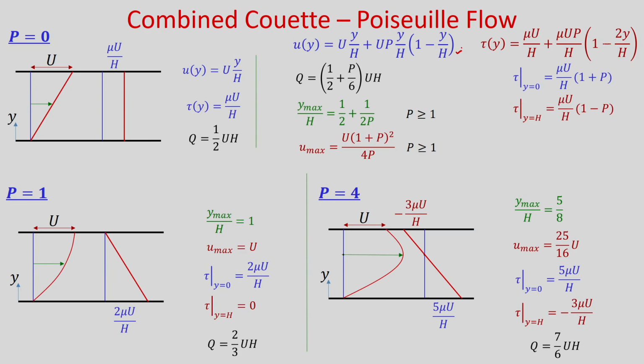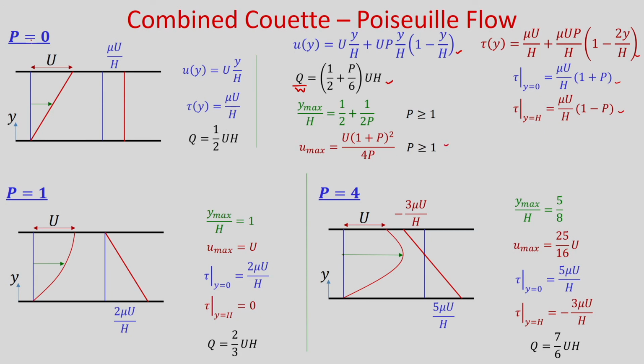If p is equal to 0, obviously you know that it is a case for plane Couette flow and velocity profile will be linear, because it varies linearly from 0 to capital U. So, you can see this is our velocity profile, this is the shear stress profile, and the volume flow rate per unit width, Q/W, is this, and bottom plate shear stress is this one, upper plate shear stress is this one, and for maximum velocity, p greater than or equal to 1, you will get y_max/h as 1/2 + 1/(2p), and this is the expression for maximum velocity.